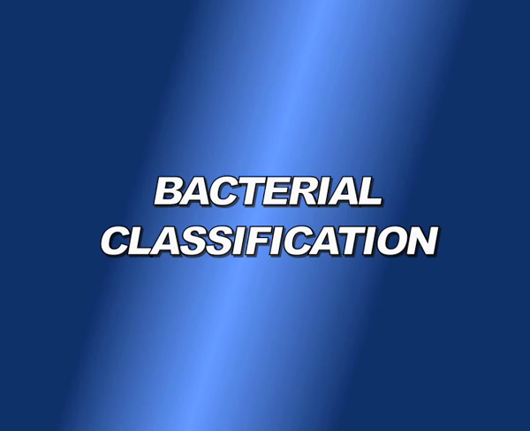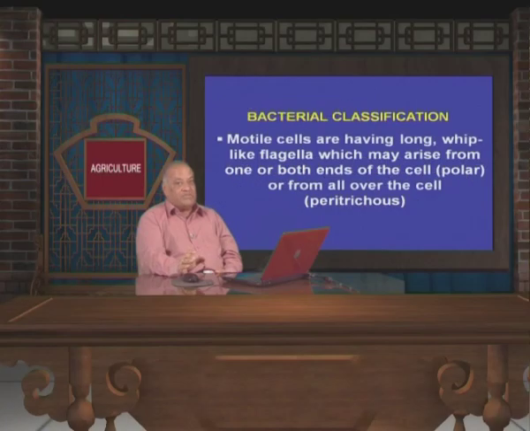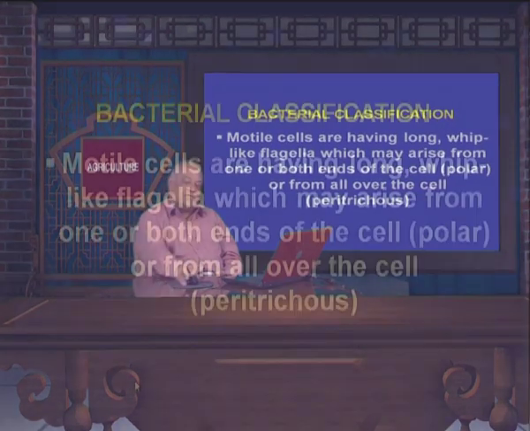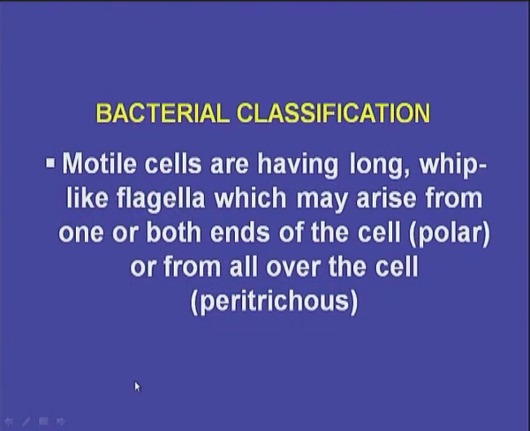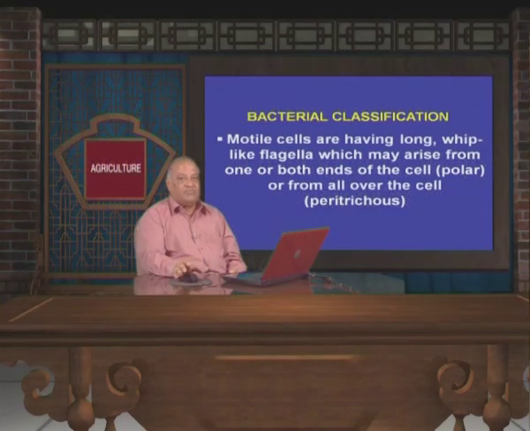Then bacterial classification. As we know, classification is a very important thing in studying the bacteria, because there are a large number of bacterial organisms, and if we classify them in a particular order scientifically, then we can easily come to know what type of bacteria is causing what type of disease in the plants.